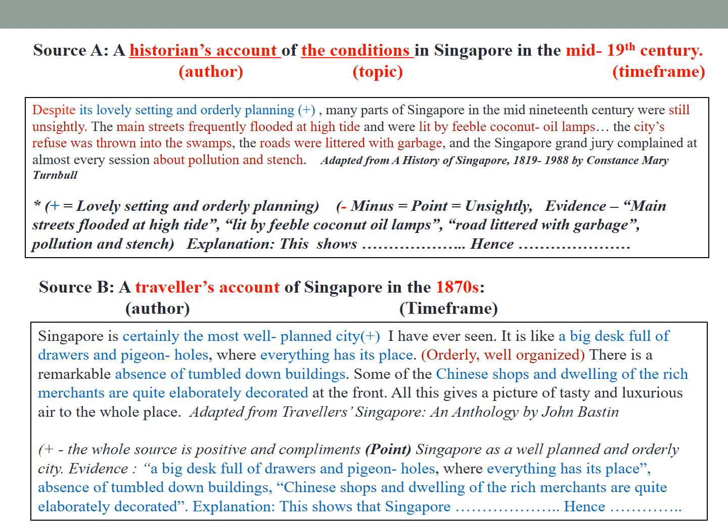So in terms of differences, one is negative, one is positive, and the evidence is here in the source content. And this is positive and the evidence is here in the source content. So this is all the evidence.